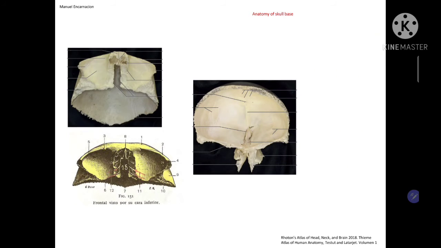So here you can see on the side of the nasal spine, at the edge of the ethmoidal notch, these two canals or two holes from the frontal sinus. Posterolateral to this canal or hole, we have the frontal cells.